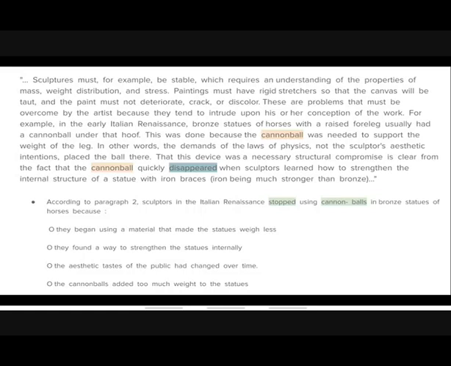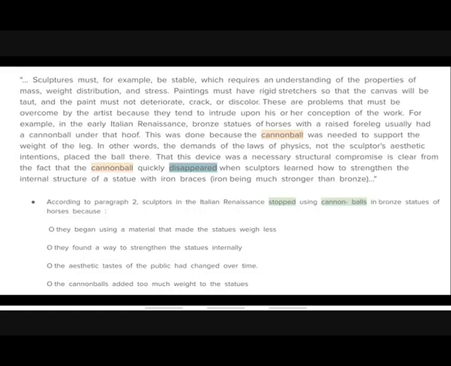So here comes the importance of defining 2 keywords in order to be more specific. Now we move to the second sentence, which has the word cannonball and also the word disappeared, which could be a synonym to the verb stopped.